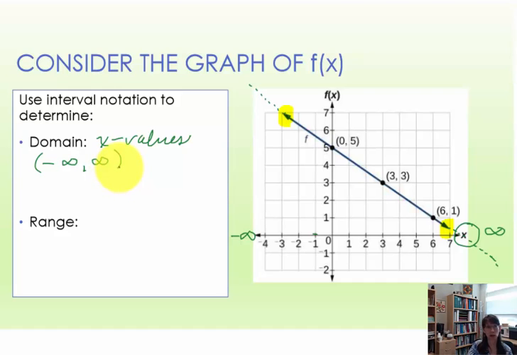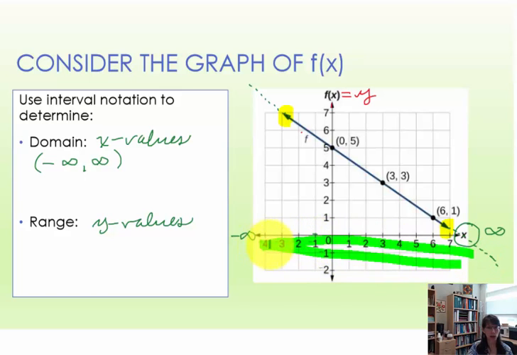It continues. For the range, we're looking at y values, or f of x, if it's written with function notation. So considering the values for y, if we look at the smallest values of y, those would be below the x-axis. These are where y assumes a negative value.